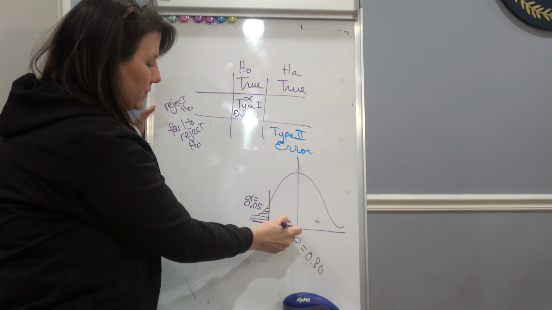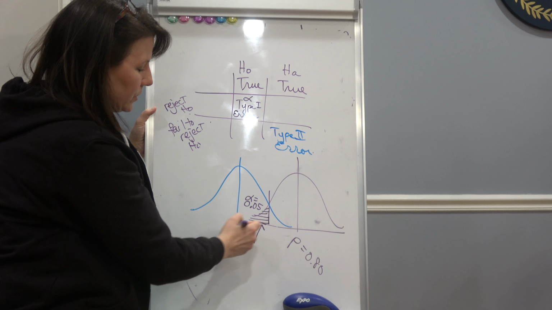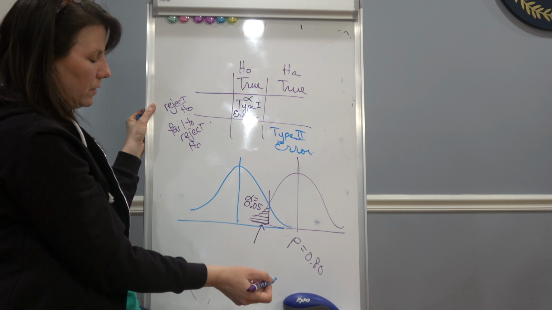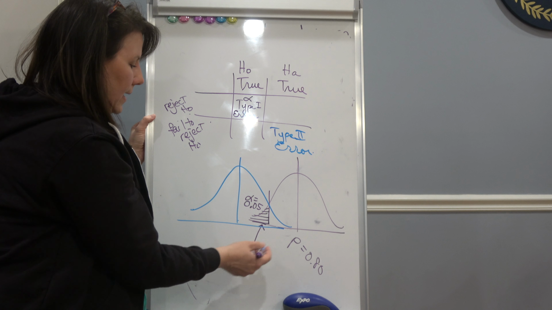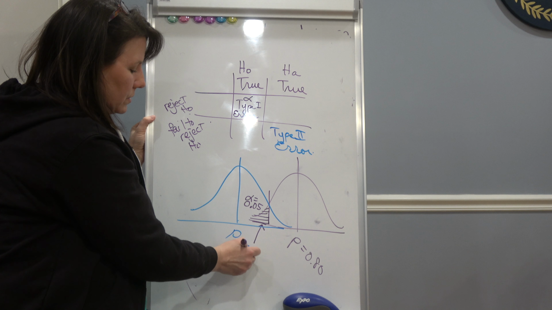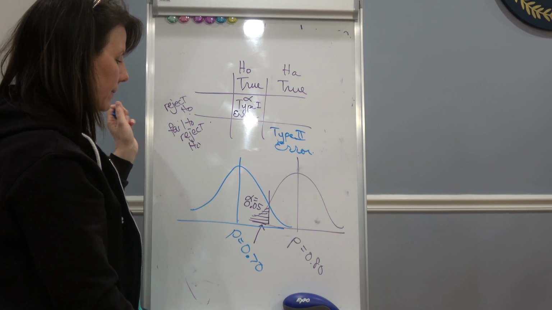For a type 2 error, I'm going to make another normal curve. It's going to look the same, it's just going to be shifted over. It would have to be based on one particular alternative. So let's say the alternative is that he really shoots 70% of the time.